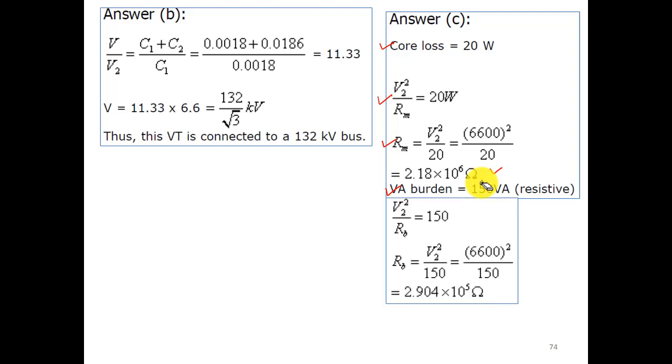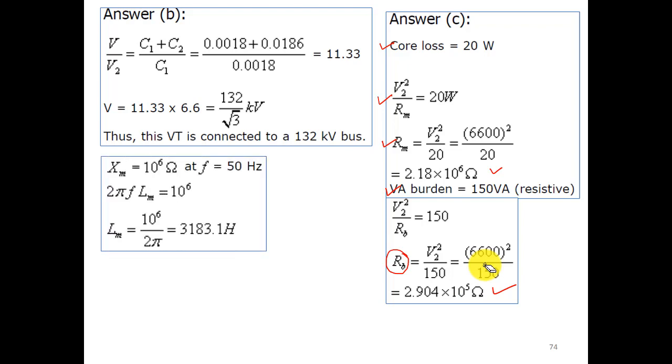Now we can find RB from this: V2 square by RB is equal to 150, and V2 we know. RB is transferred to the primary side, so the value becomes very high, 2.904 into 10 to the power 5 ohm. It is the transferred resistance to the primary side, that is the 6.6 kV side.